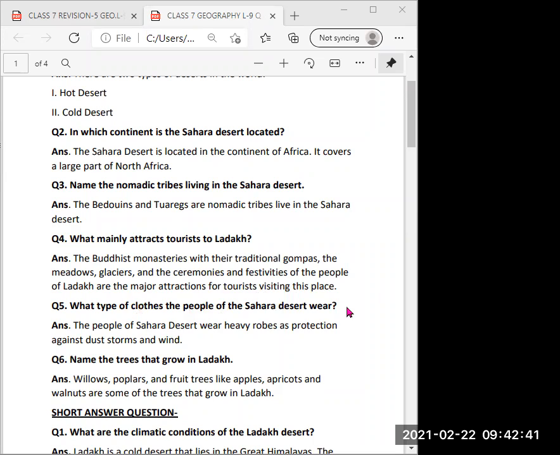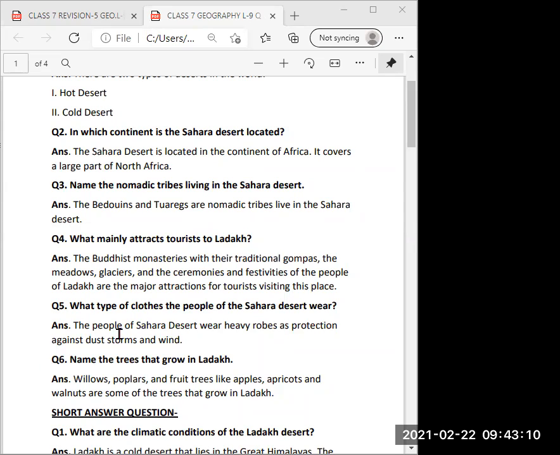Which are the places of attraction in Ladakh? First, the Buddhist gompas. Second, the meadows. Third, glaciers. Fourth, ceremonies and festivities.